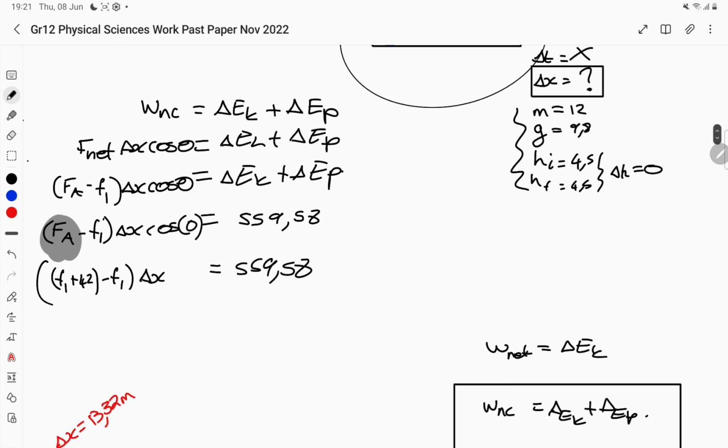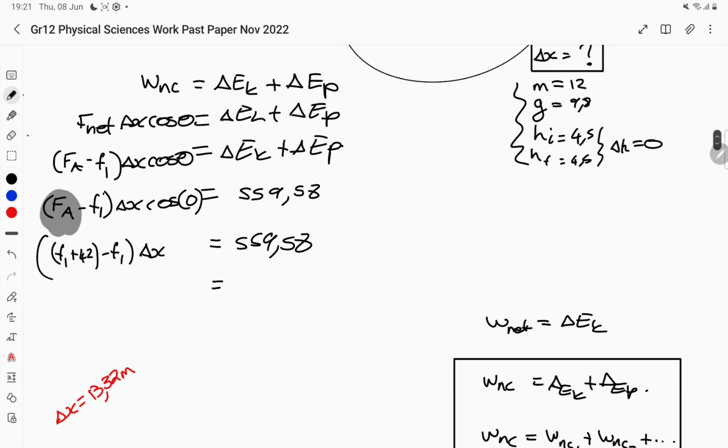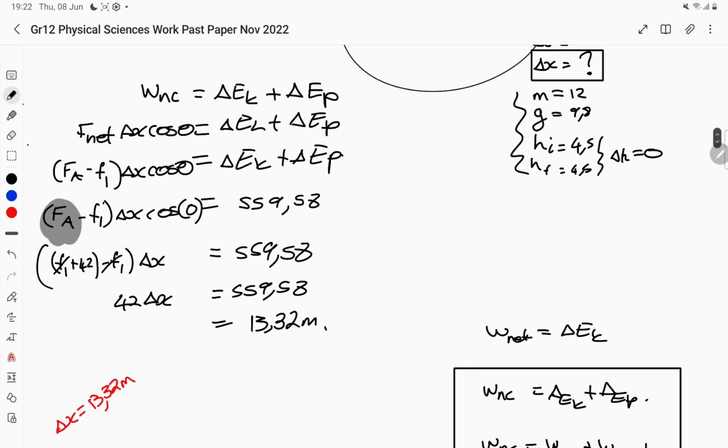I actually prefer this method to the previous one, but if you look at the memo, there are probably like 8 methods or something. Look at the left term here, our F1s will just subtract out. We are left with 42 delta x equals 559.58, and we will end up with, just like the previous one, 13.32 meters. Really involved question.